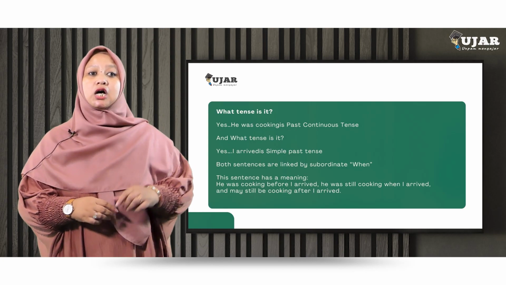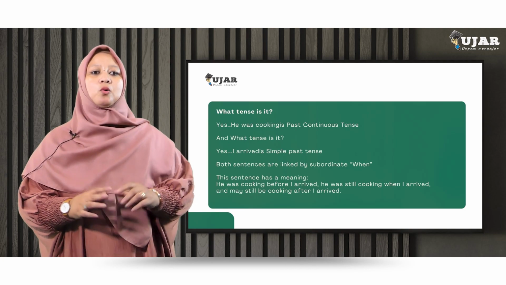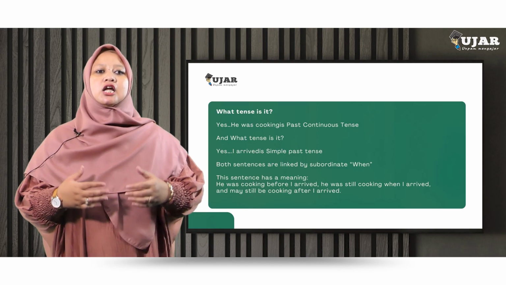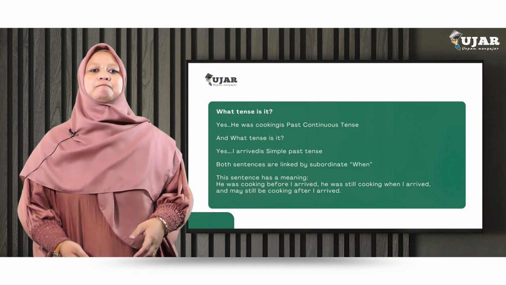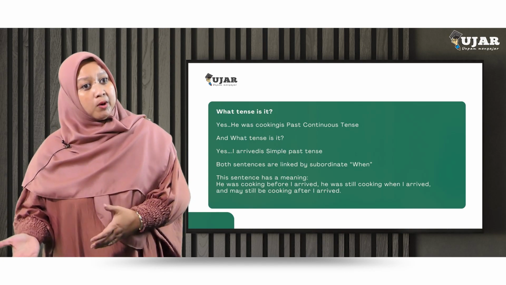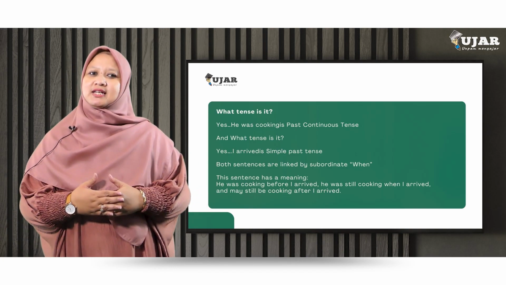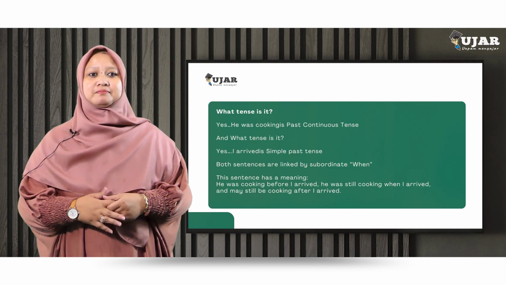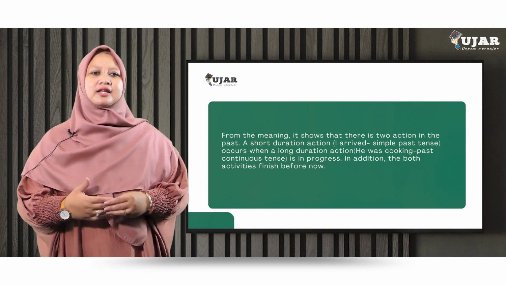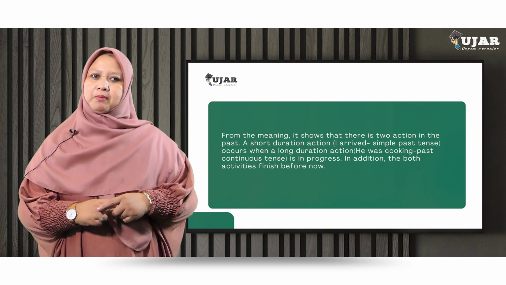Both sentences are linked by subordinate when. This sentence has meaning he was cooking before I arrived. He was still cooking when I arrived and may still be cooking after I arrived. From the meaning, it shows that there are 2 actions in the past.